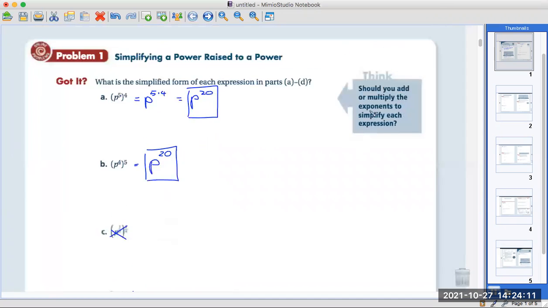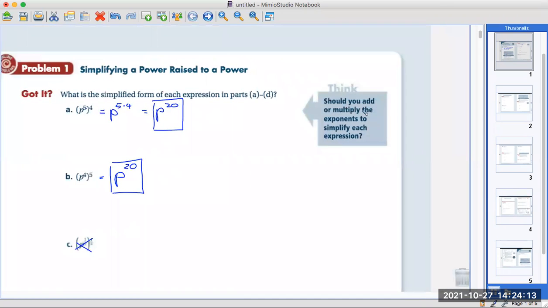And over here it says, should you add or multiply? That's the question. You're going to have trouble with that. Should you add them or multiply the exponents to simplify each expression? In this case, it's multiply. Why?